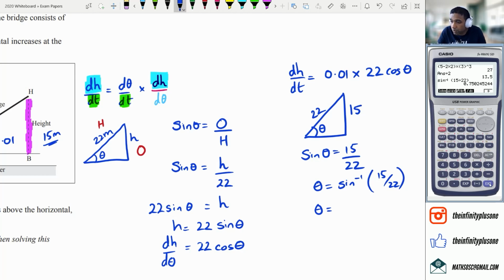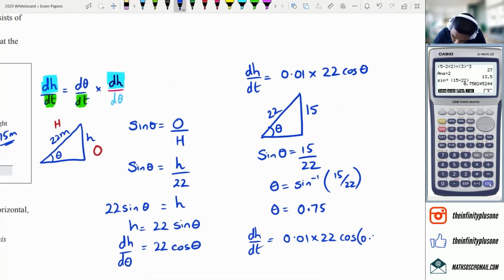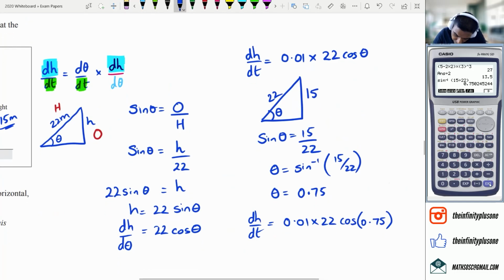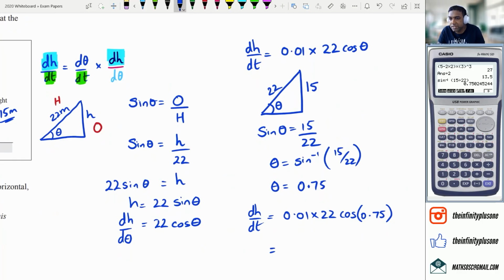Okay, that's giving me 0.75. So theta is 0.75. Now I go back to dHdt and substitute. I figured out what that angle is, so I can figure out what dHdt is. I'm going to use 0.75 as an answer function, so I'm going to leave it as it is.